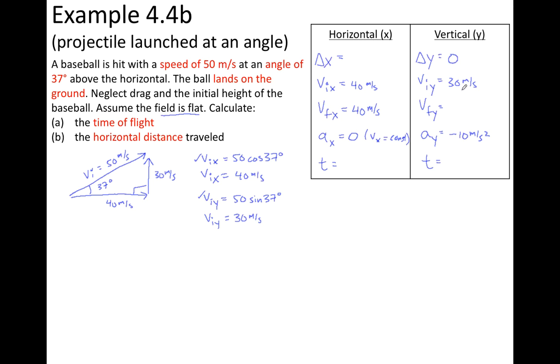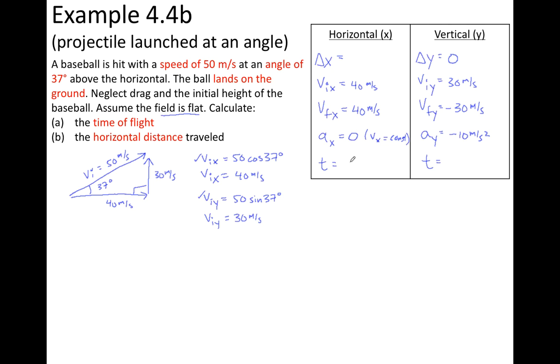And so just like with one-dimensional motion, when an object returns to its original height, it has the same speed, except it's going to be moving downwards. So same initial and final vertical speeds, just opposite signs.